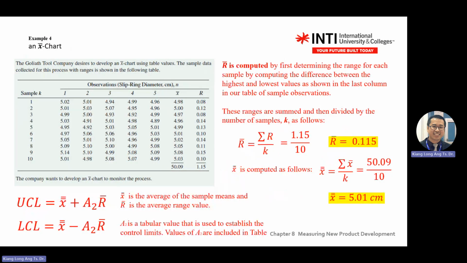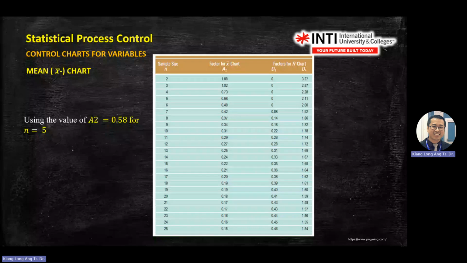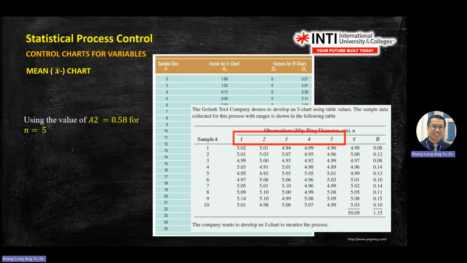Okay. Now we start to introduce how to use the table. You have R bar, you have X double bar. In the table just now, each sample you take 5 times, so n equals 5.